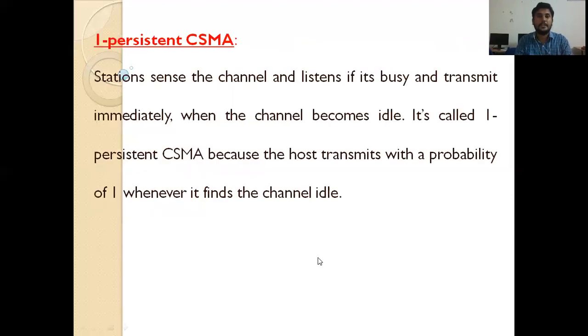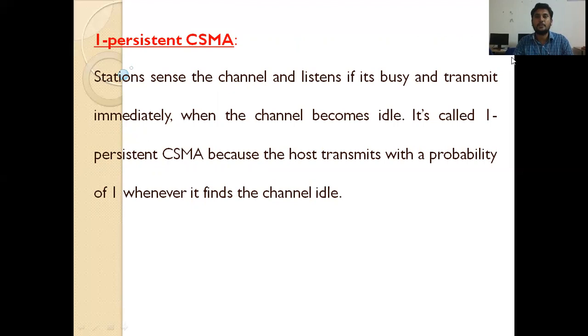So what happens in I-persistent CSMA? Here the station senses the channel and listens; if it is idle, it transmits immediately.